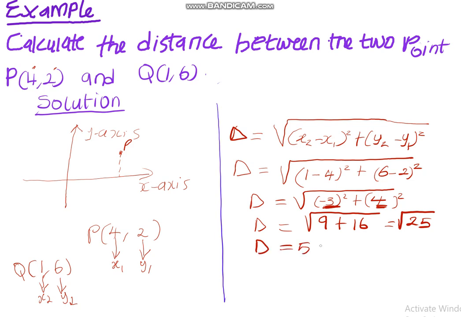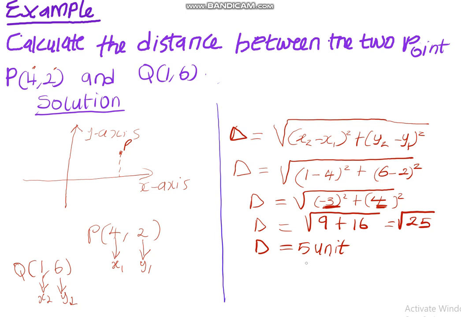Now no unit was attached to these coordinates, so we just say 5 units. So the distance between point P and Q is 5 units.